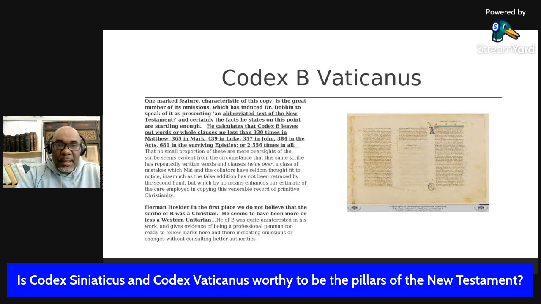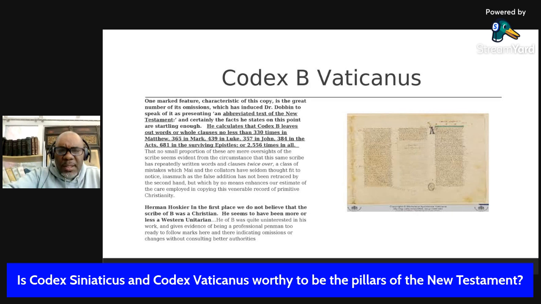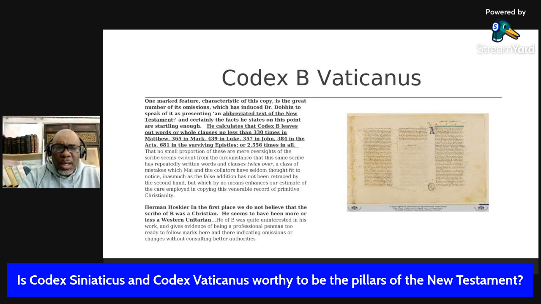He calculates that Codex B leaves out words or whole clauses no less than 330 times in Matthew, 365 times in Mark, 439 in Luke, 357 in John, 384 in the book of Acts, 681 in the surviving epistles, 2,556 times in all.